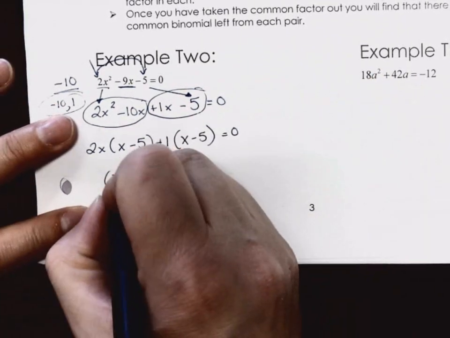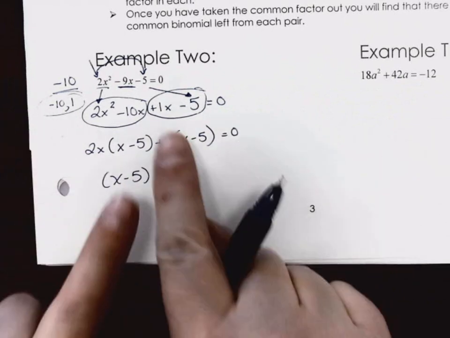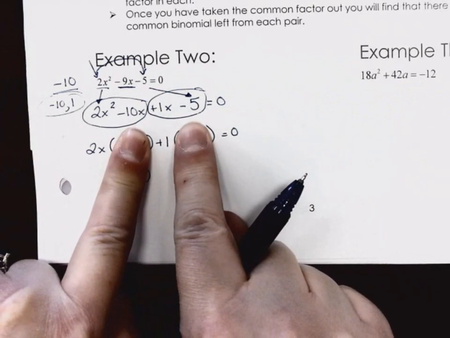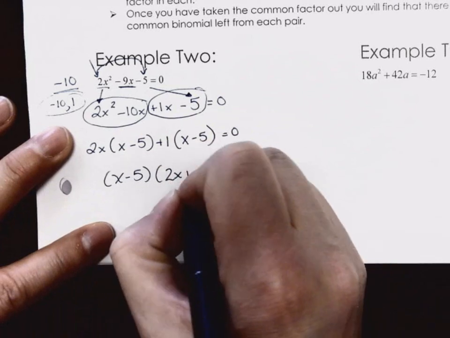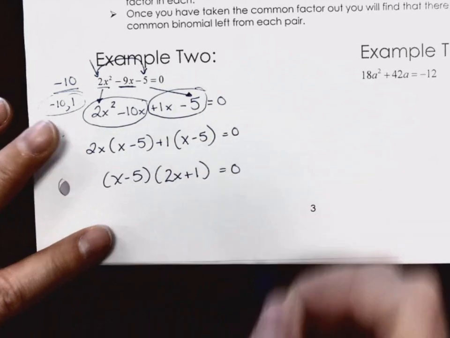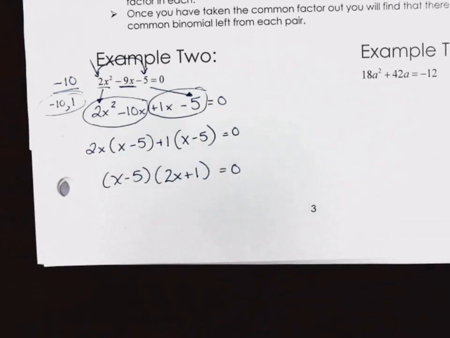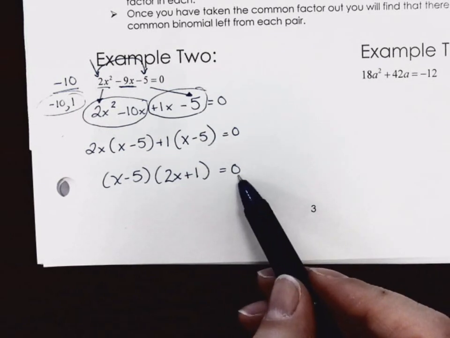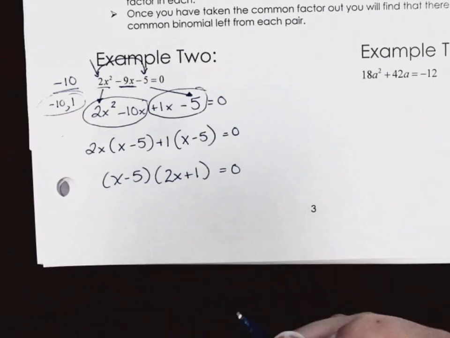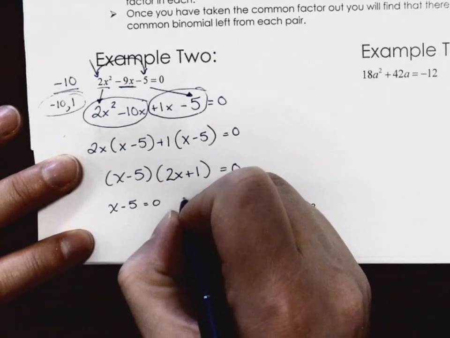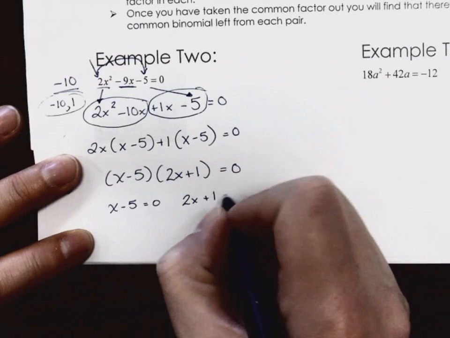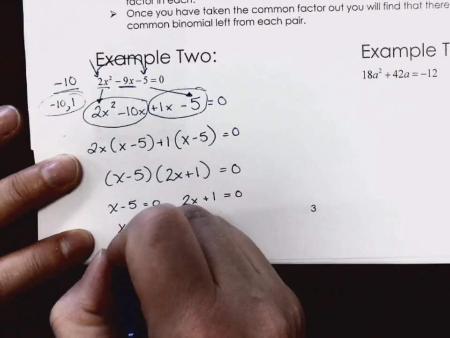And so my factors are x minus 5, and if I cover over those two, what's left over is 2x plus 1. So that's my other factor. If I have an equal sign set equal to 0, I'm going to go ahead and solve now. So I'm going to say x minus 5 equals 0, and 2x plus 1 equals 0.